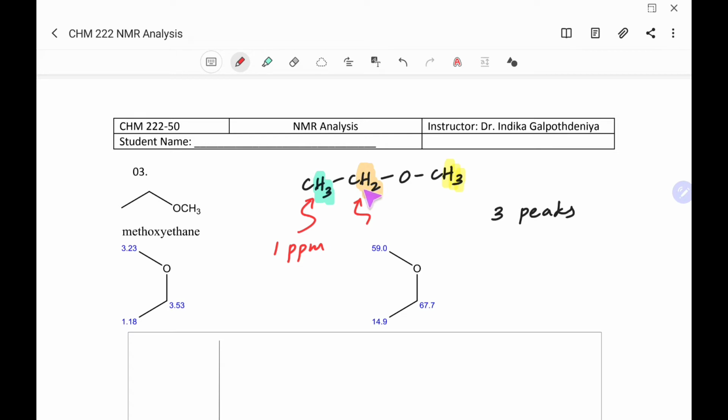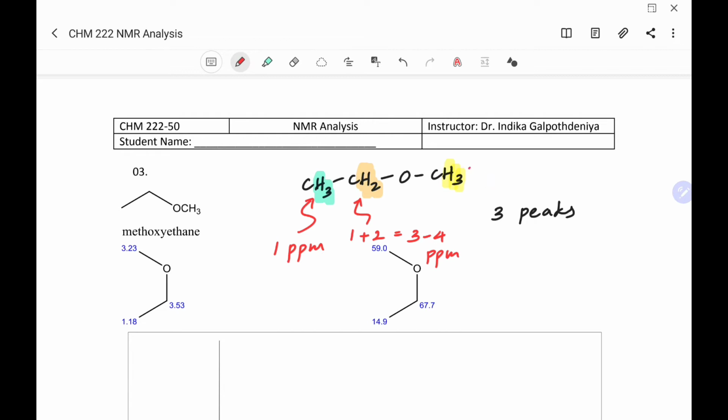Why? Because the carbon that contains the hydrogens is also connected to an electronegative atom. So typically you are expecting 1 ppm, but electronegative atoms will add plus 2, so your peak will be around 3 ppm, but give yourself some wiggle room. So we can say it is between 3 to 4 ppm.